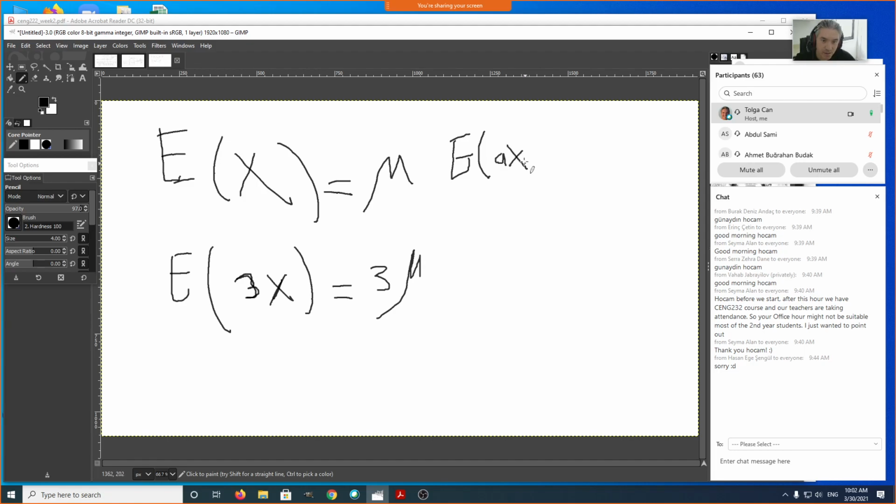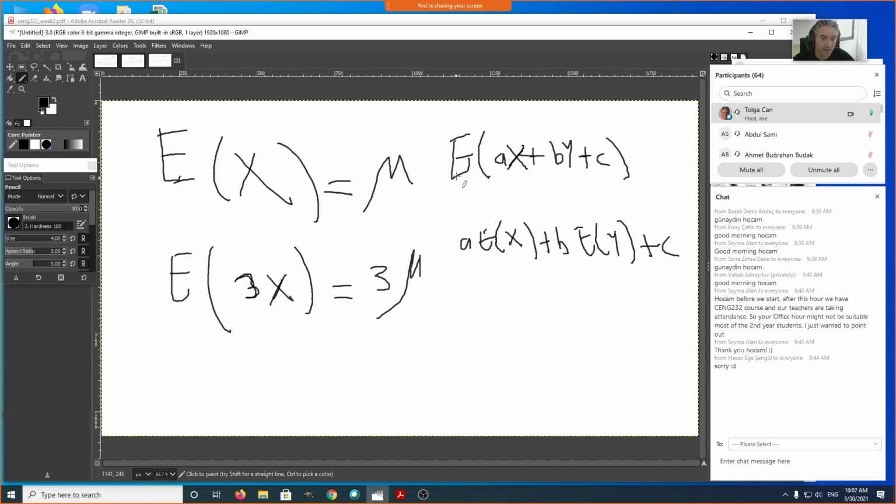of expectation. If we have a linear function of multiple random variables like this, aX plus bY plus c, the expected value of this linear combination of random variables, some of them multiplied with constants, and some constant added, is equal to a times the expected value of X plus b times the expected value of Y plus c.